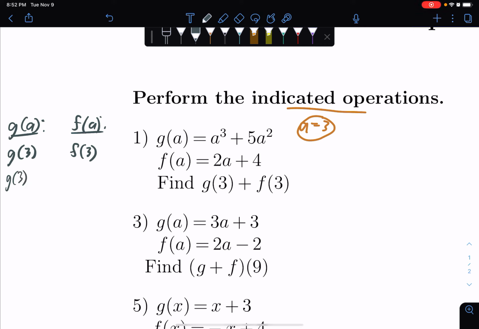Okay, g of 3 is equivalent to, replace a with 3, so 3 raised to 3 plus 5 times 3 raised to 2. G of 3 is equivalent to 9 times 3, 27, plus 5 times 9, so 45 plus 27 is 72.